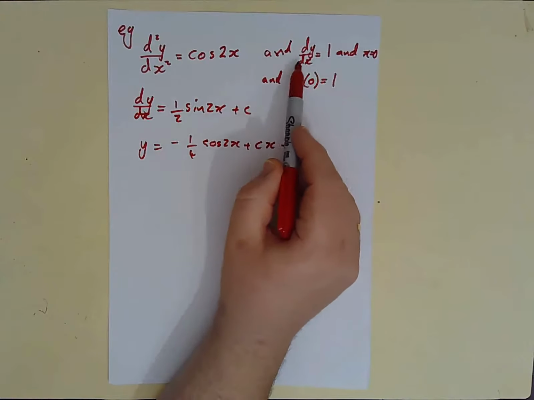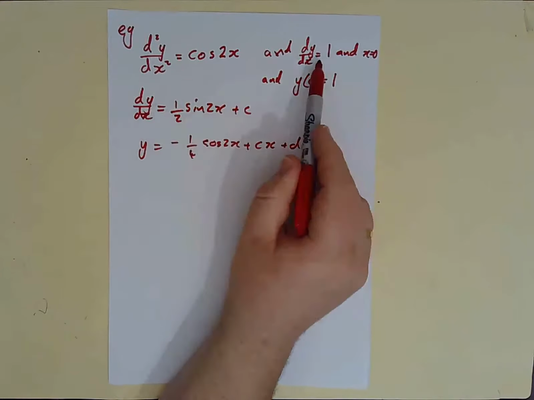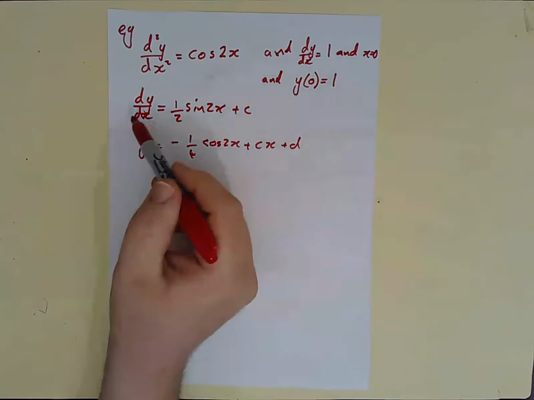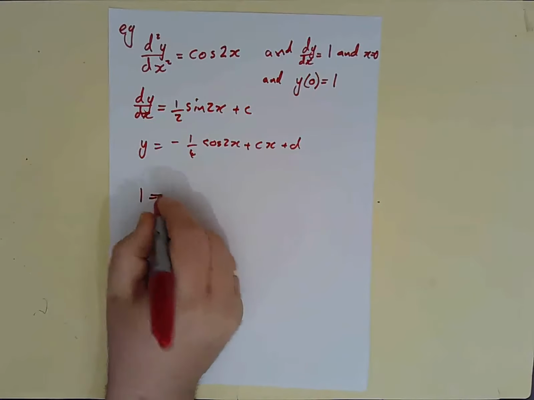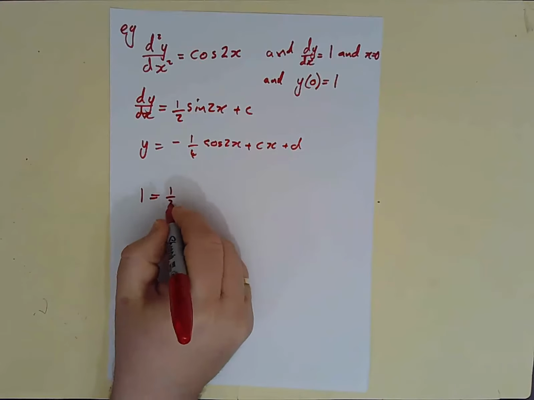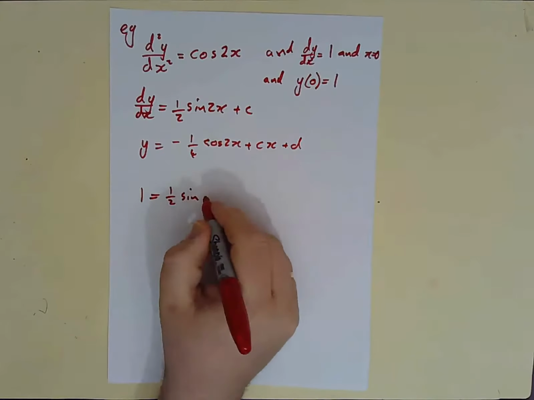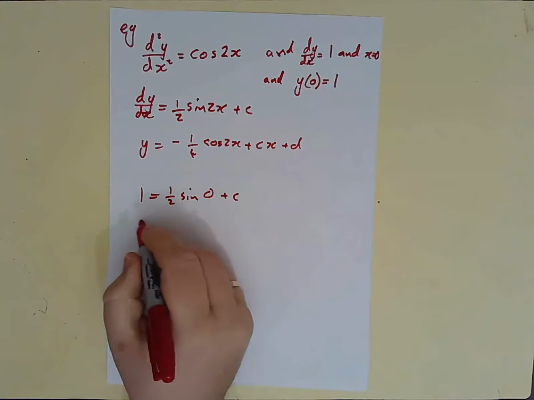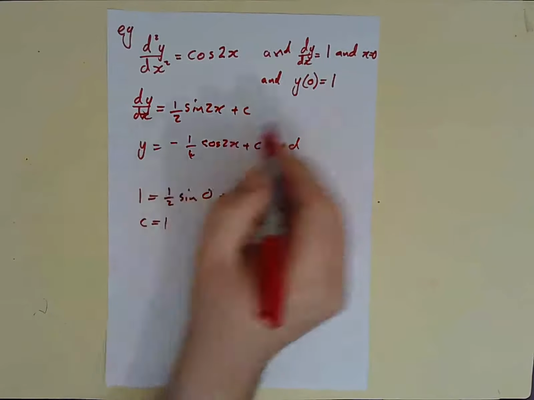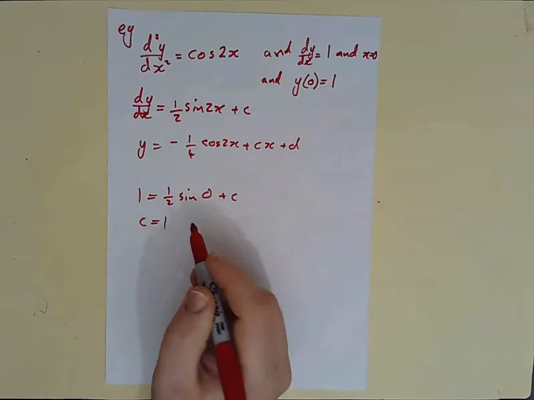Now I use this information here. It says here dy dx, which is this, is equal to 1 when x is 0. So we'll use this equation now. So 1 equals a half sine 2 times 0. Now sine of 0 is 0, so c equals 1. Now we use this information to find out d.